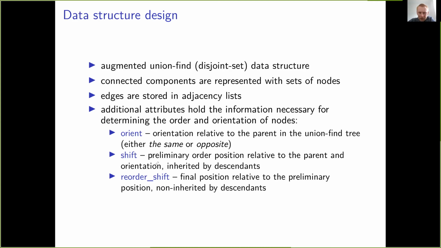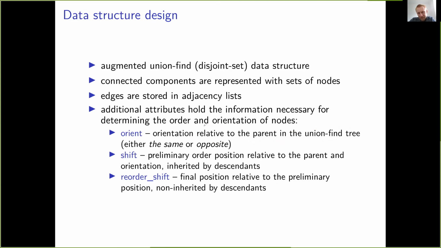Instead of that, we introduced attributes that define the orientation and the position in the order relative to the parent of a node in a tree of the union find structure.